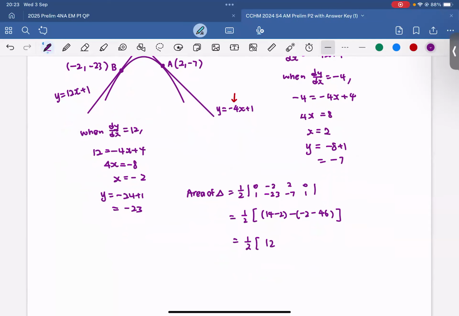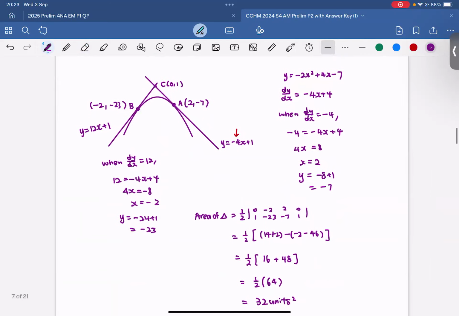This is 12 plus 48. 14 plus 2, 16. Half times 64. So 32 units square.